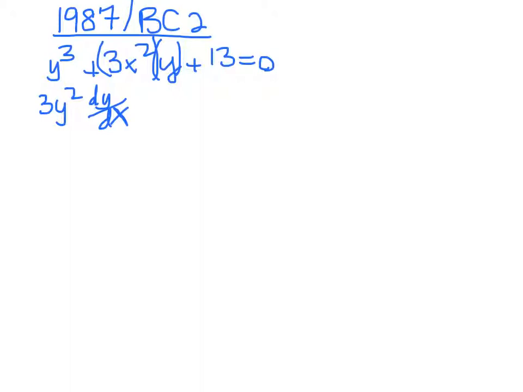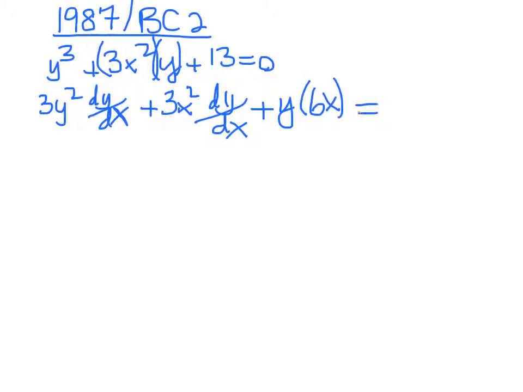Okay, so that would be plus the first times the derivative of the second, which is dy/dx, plus the second, which is y, times the derivative of the first, which would be 6x, and then equals 0.